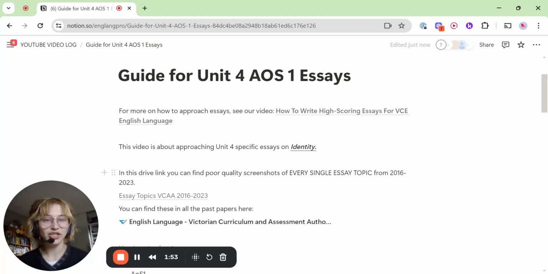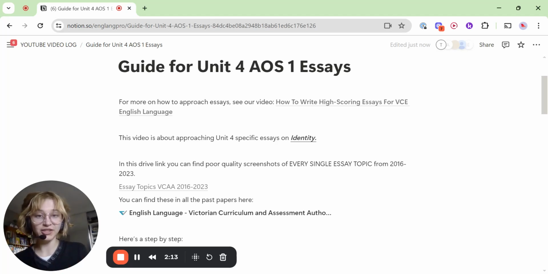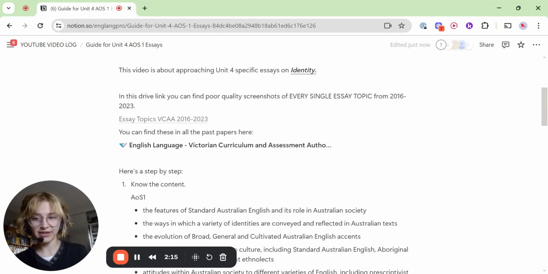So globalization will result in the Americanization of our language is something you can definitely talk about. It's not like Australian English is the only relevant English. Absolutely not, far from it. But it is supposed to be the forefront of this area of study. So without further ado, let's get into it.